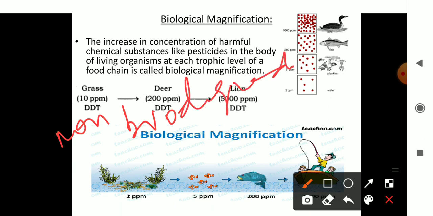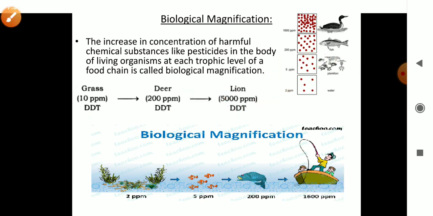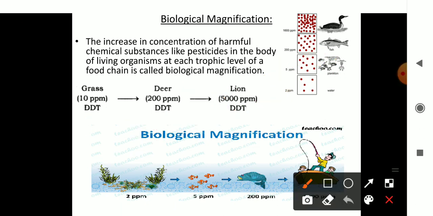Okay, they cannot be broken down into simpler forms. So once they are sprayed in the field, these pesticides will be absorbed by the roots of the plants. Okay, the plants will absorb them, because the pesticides are non-biodegradable.